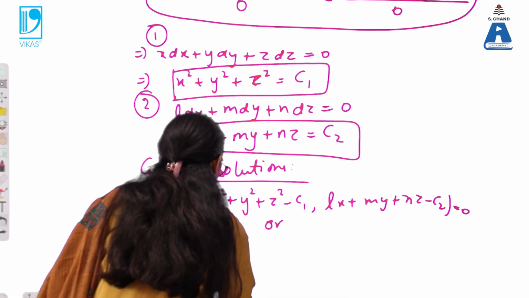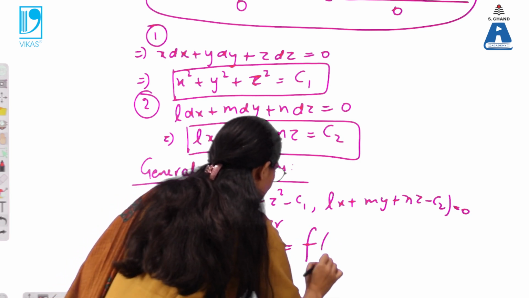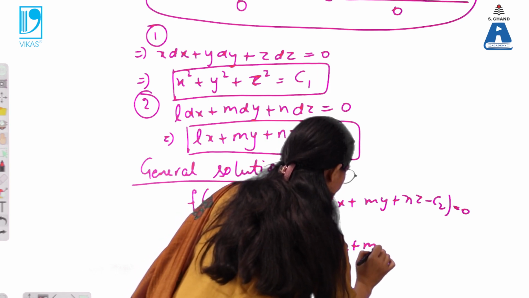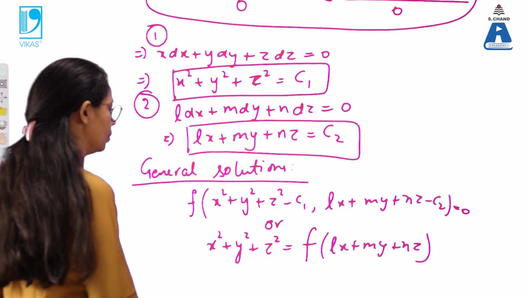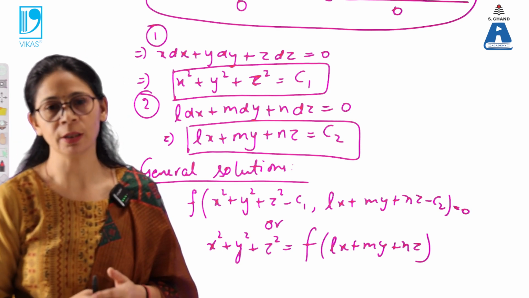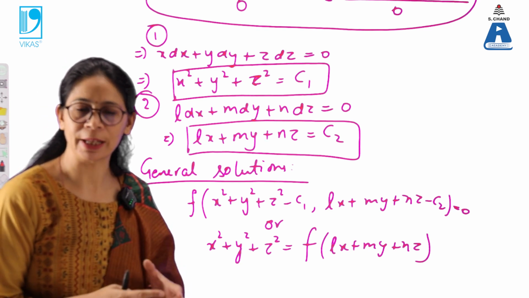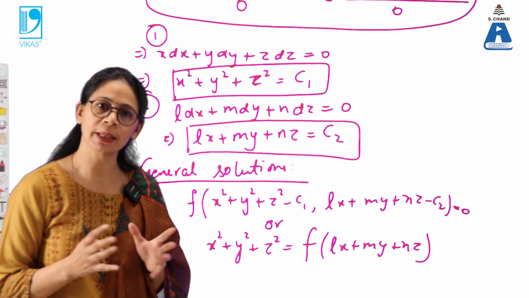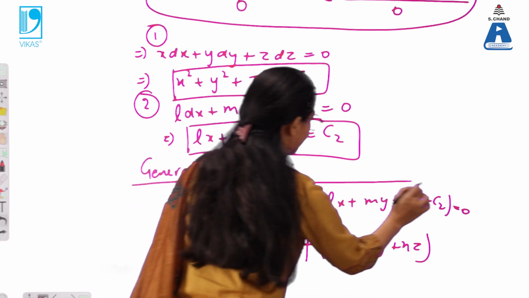So, if we take the first relation on the left hand side, it is a function of the second one, Lx plus My plus Nz. That is how the general solution is written for a first order partial differential equation following Lagrange's form, where the multipliers are required to get the explicit relation.